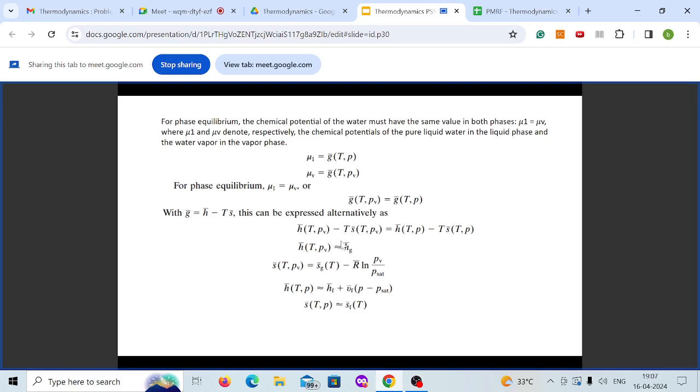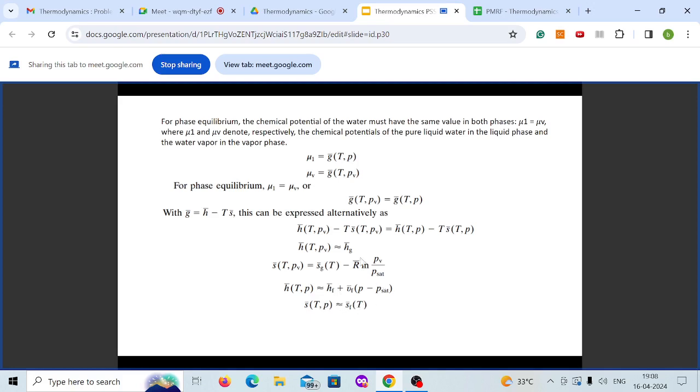From this, the enthalpy of water vapor at this temperature is close to the enthalpy of the gaseous phase, Hg, and similarly the entropy at PV is the entropy of saturated vapor Sg minus R ln(PV/Psat). The enthalpy of water is the enthalpy of saturated liquid Hf plus V into the difference in pressure, P minus Psat, and similarly the entropy of liquid is equal to the entropy of saturated liquid Sf.